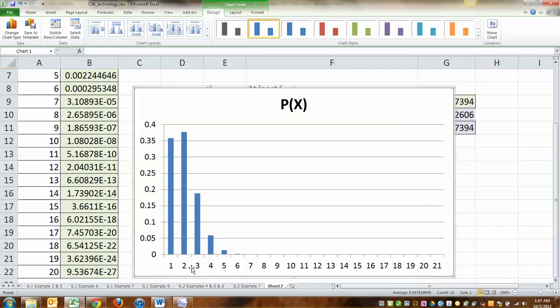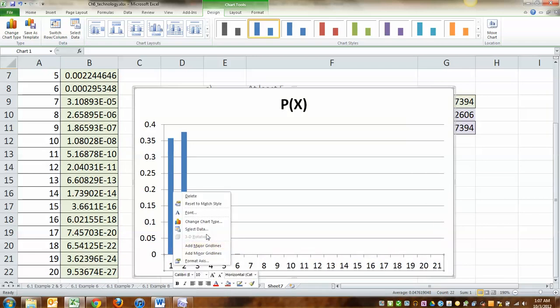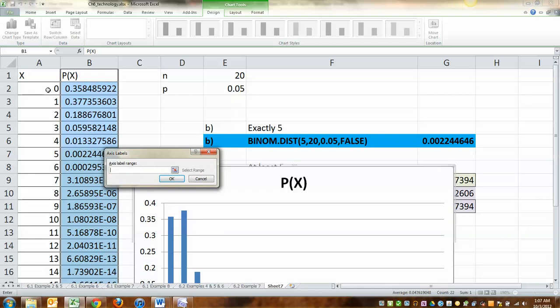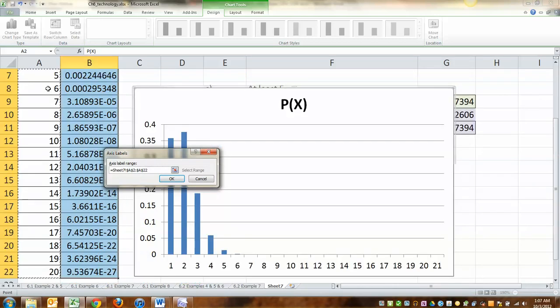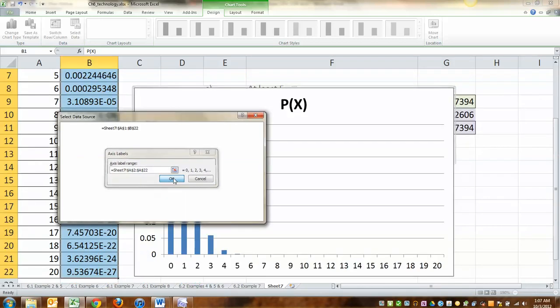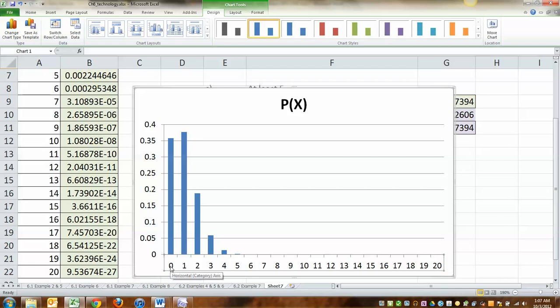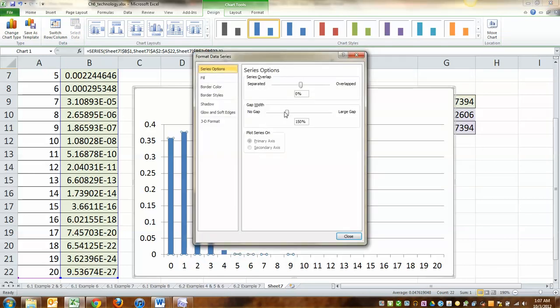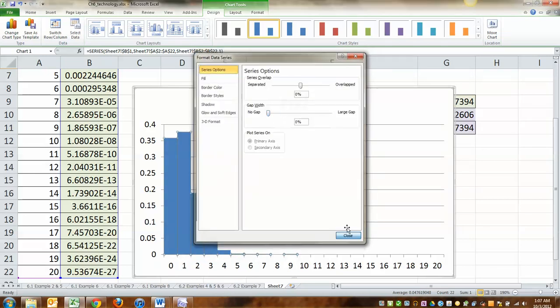From then on, just change your select data, edit your column labels from A2 to whatever, say OK, and there it starts at 0 now and ends at 20. Notice it's not that the values don't exist at the 20 range. They're just so small that you can't really see them.